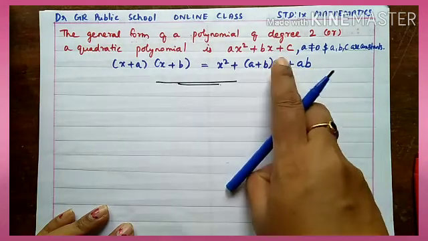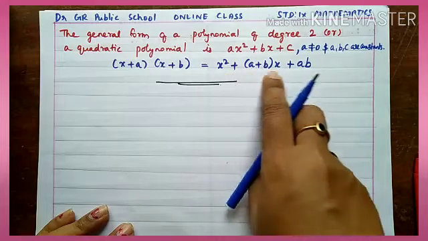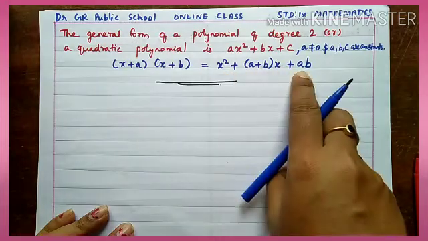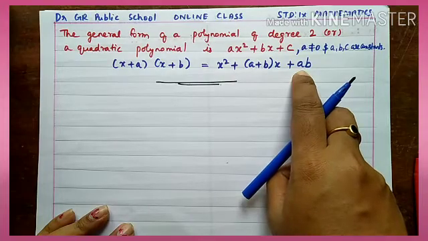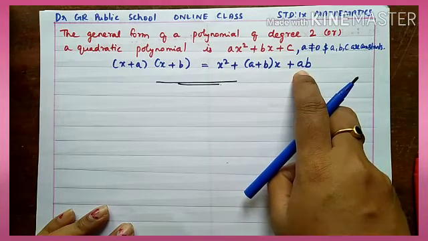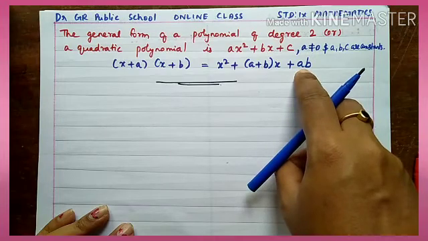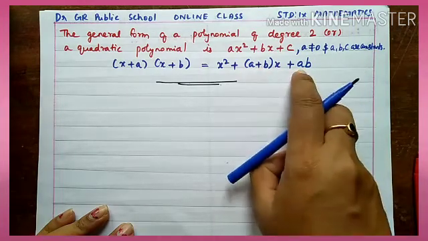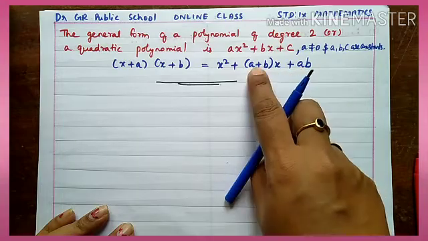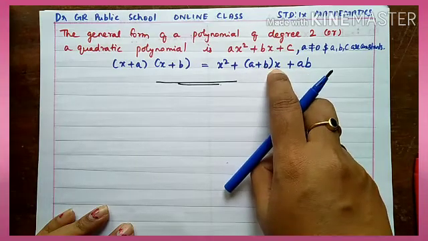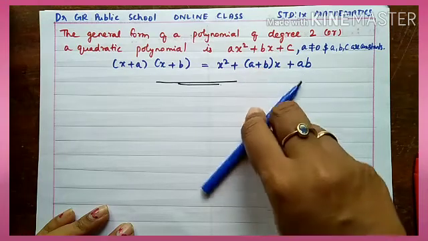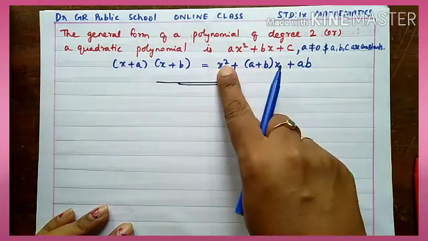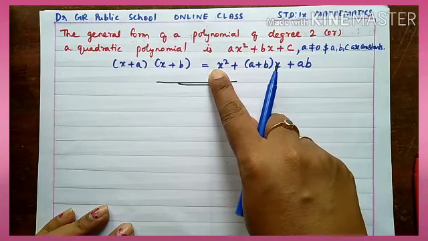Okay, so relating this to the fourth identity, the RHS of the form of the quadratic polynomial, we are taking the product of two numbers as the constant term ab, and the coefficient of x as the sum of two numbers, and the coefficient of x square given is 1.